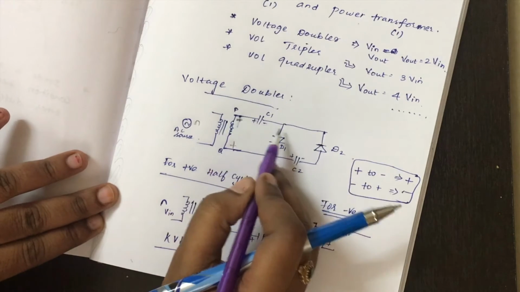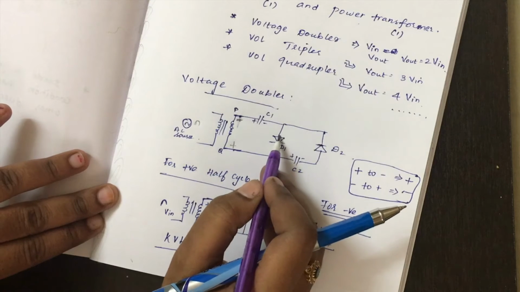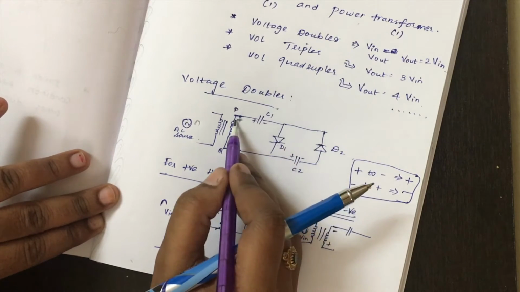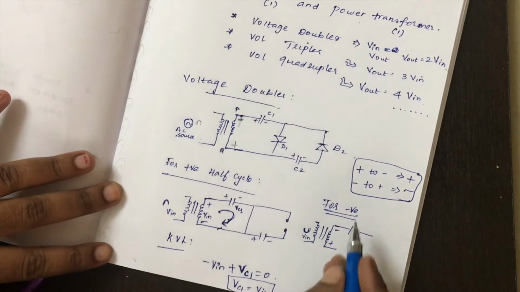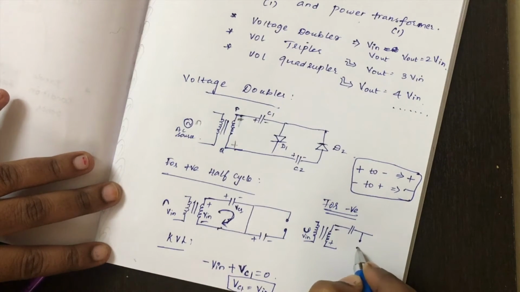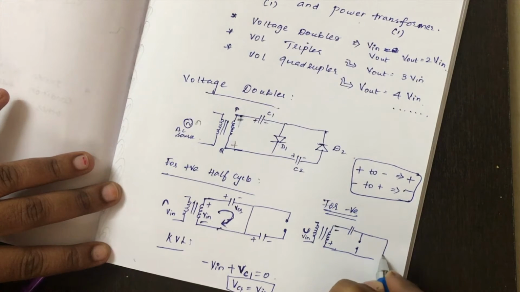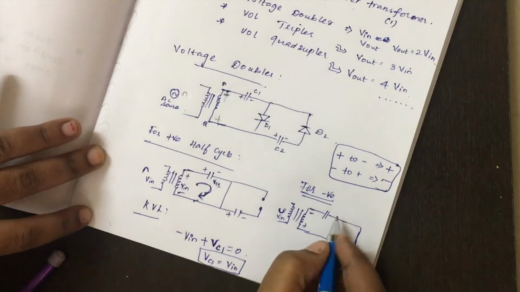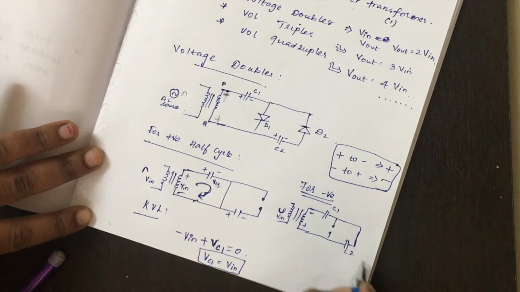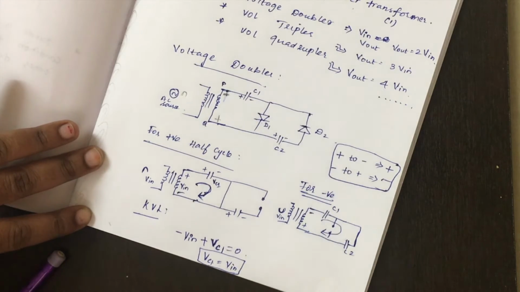This negative is applied to this diode, therefore this diode will turn off, and negative is applied to the cathode of diode D2, so this diode will turn on. So this diode will become open and this diode will become closed. Capacitor C1, capacitor C2, you don't have to consider this, so current flow will be in this direction, just assume.